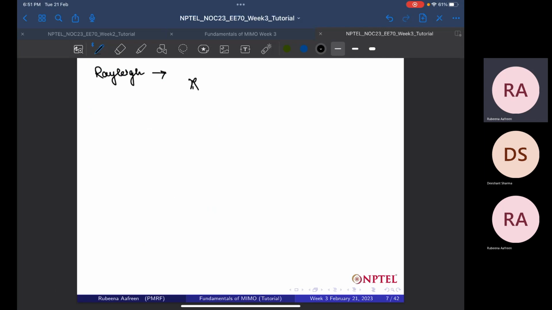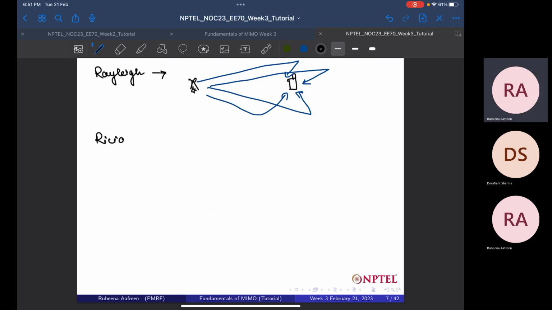Like if this is transmitter and this is receiver, signals are coming reflected from everywhere. There will be multipaths, but there is no signal that has dominant strength. So this is for Rayleigh fading channel. In Rician fading, there is one LOS component that has most energy. So in Rician fading channel, there is one specular line of sight element.